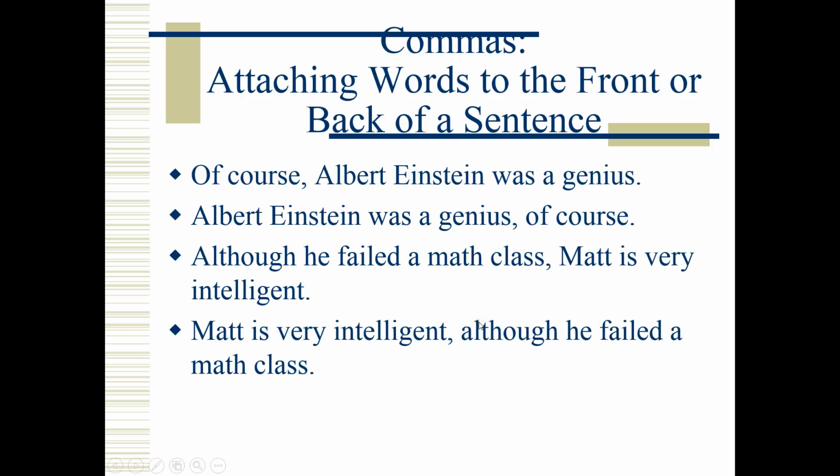So that's one of our other rules. Whenever we have an independent clause butting up against a dependent clause, or vice versa, then we use a comma. Okay? It's only when we have two independent clauses that we would usually use a semicolon.